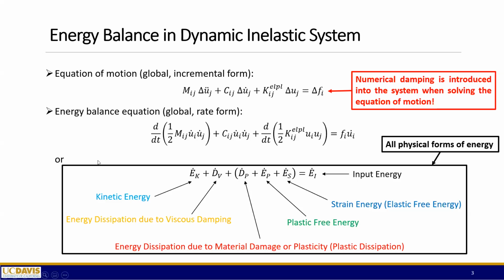So here, basically in this black box, as I noted here, they are all the physical forms of energy. However, when we solve the global equation of motion based on the numerical integration method we use, numerical damping is almost always introduced into the system when we are solving the equation of motion.